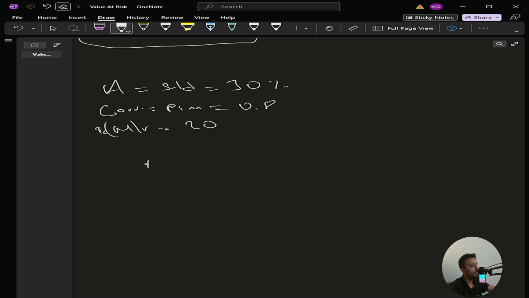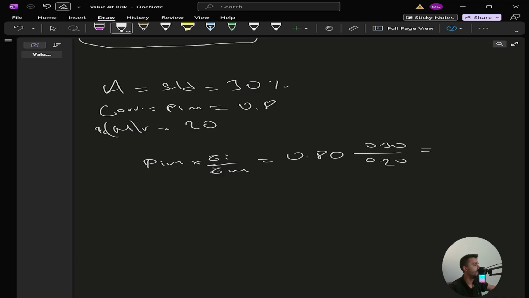So let's use our formula: correlation times sigma A divided by sigma M. This gives our beta, and it is the relationship between our market data and asset data, the slope. Actually, we are finding our slope here.